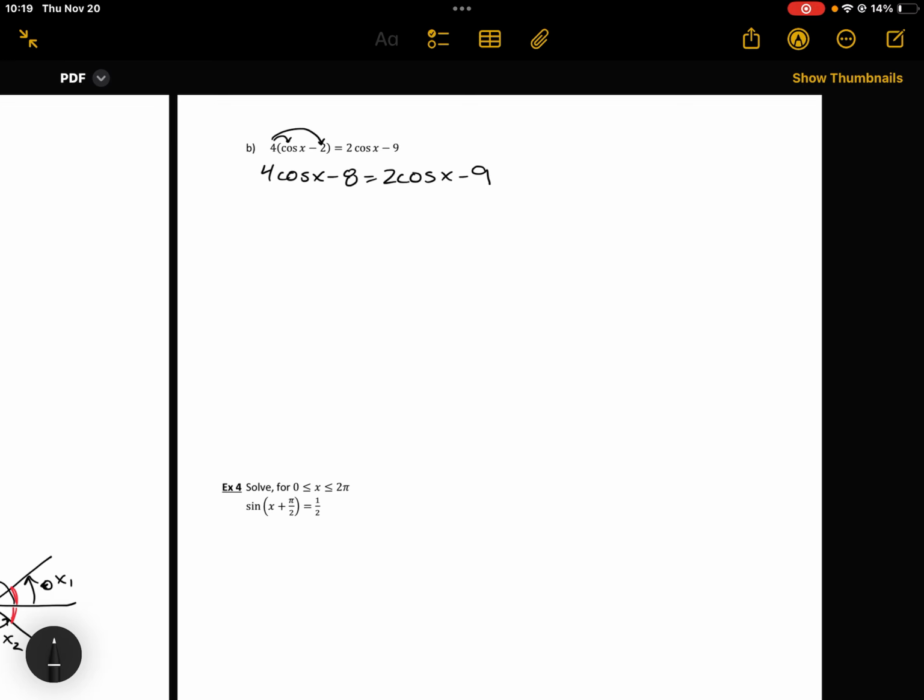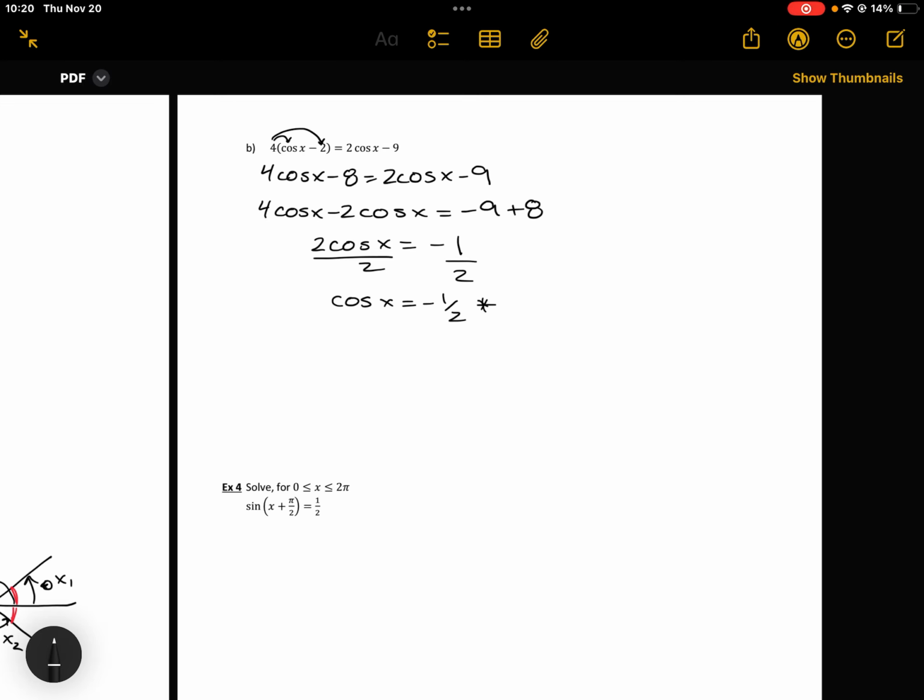Then I'm going to move all the terms that have a cosine onto the left-hand side, and all the terms that don't onto the right-hand side, following my rules for moving terms. This simplifies to 2 cosine x equals minus 1. Isolating cos gives me cosine x equals minus 1 over 2.